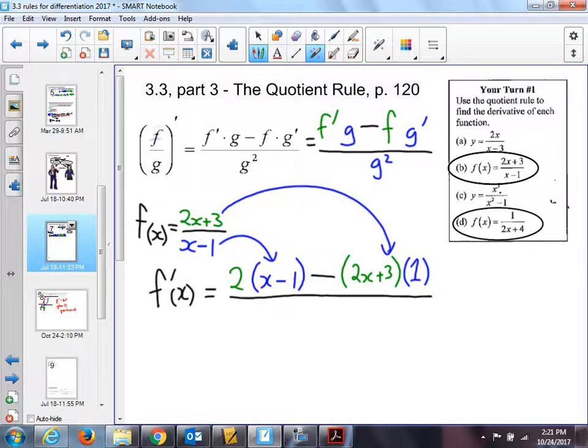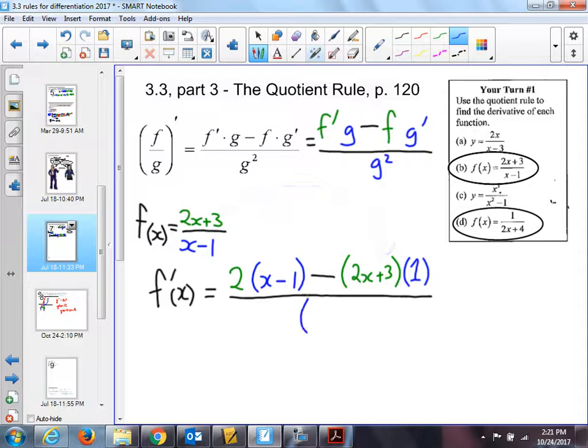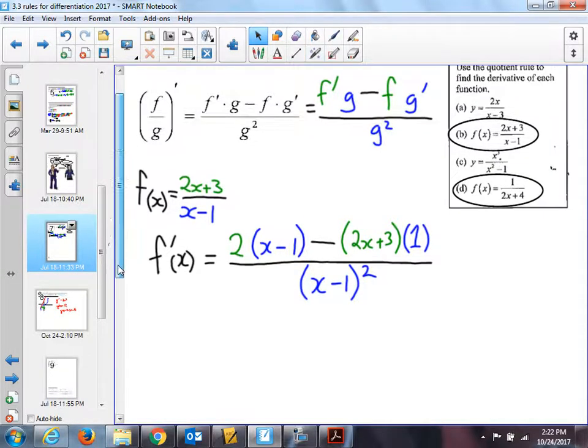This is left alone. Okay. Then, square whatever's on the bottom. I'm going to leave it though. I'm not going to multiply it out. And as a rule, don't multiply it out. It's fine as is. Usually you want things in factored form, and this is factored. Right? Less chance for error.